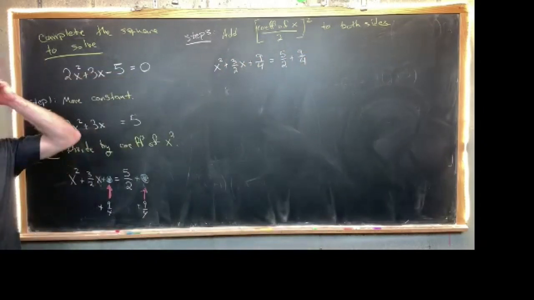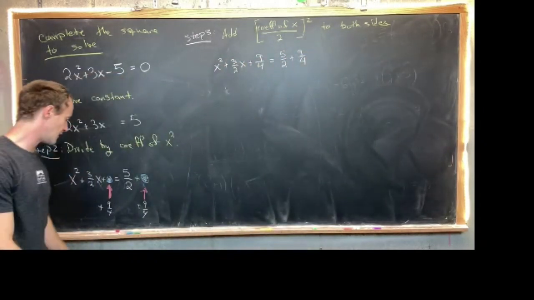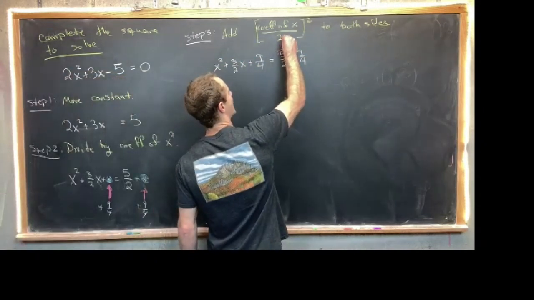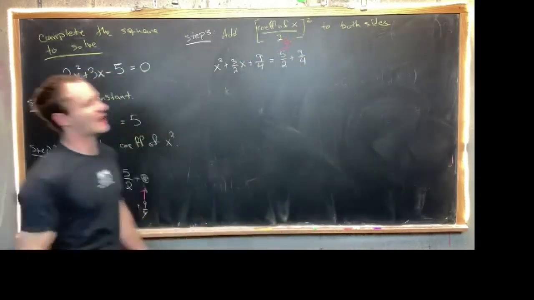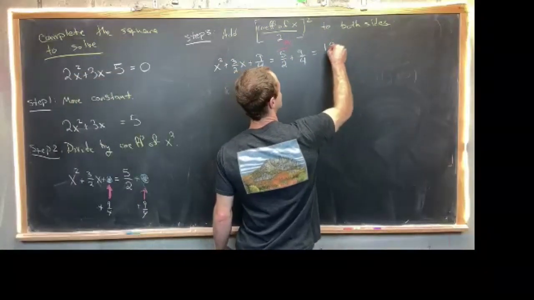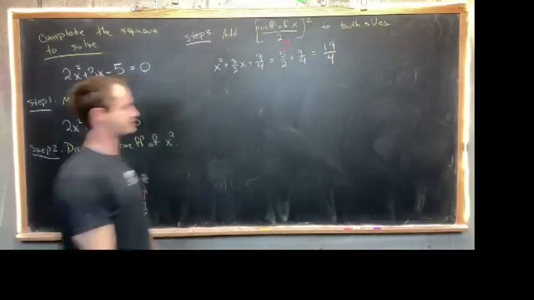And then we might as well simplify the right-hand side of the equation while we're at it. So we can rewrite 5/2 as 10 over 4 just by finding a common denominator, which allows us to write that right-hand side as 19 over 4.